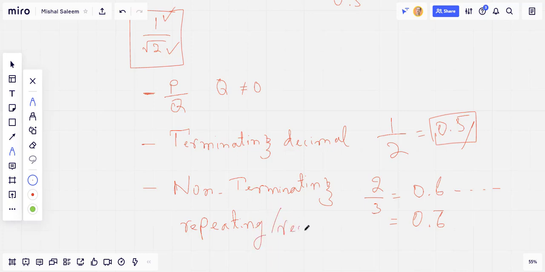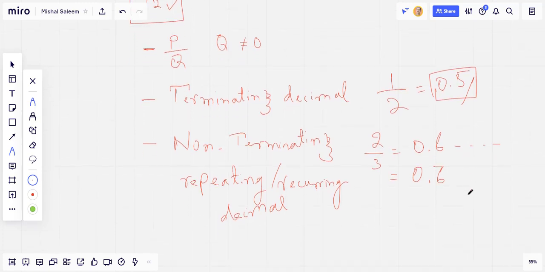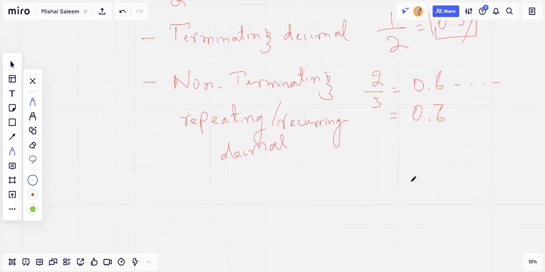Repeating or recurring decimal. So you see, after the decimal point, 6 is repeating. It cannot be just a single digit; there could be multiple digits.